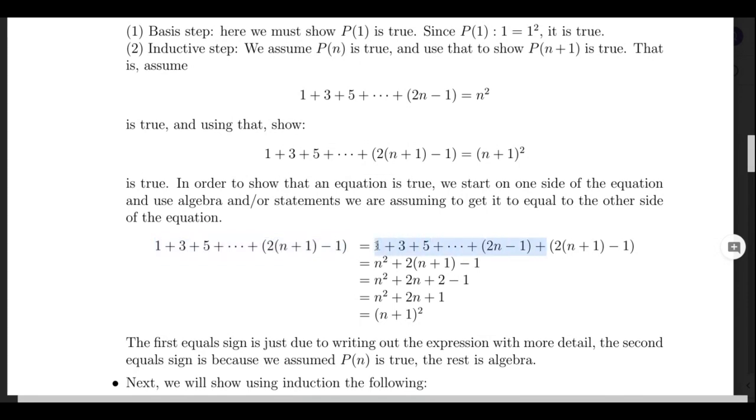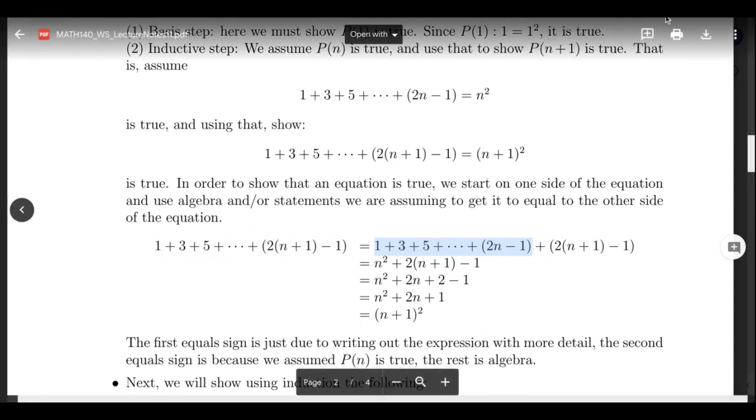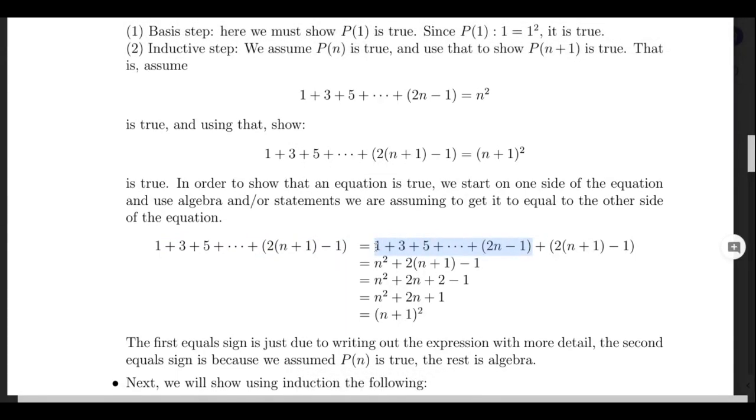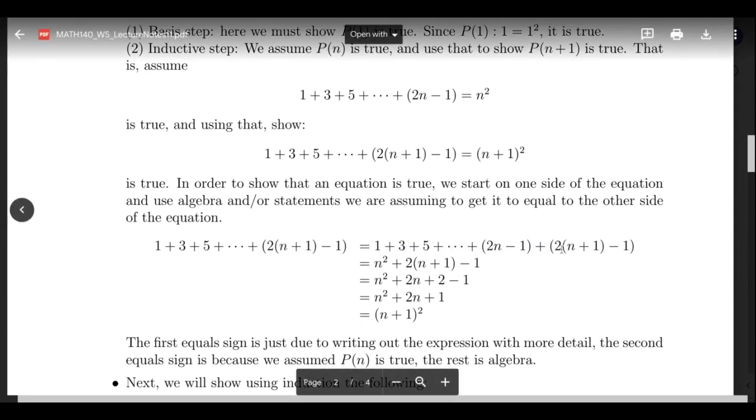Then that would be the sum of the first n odd natural numbers plus the n plus 1 odd natural number. So this is the sum of the first n natural numbers. Then this will be the n plus 1 odd natural number.